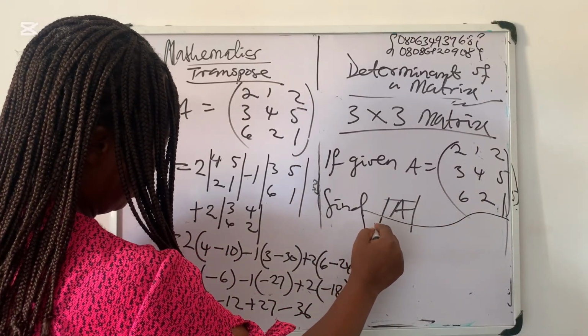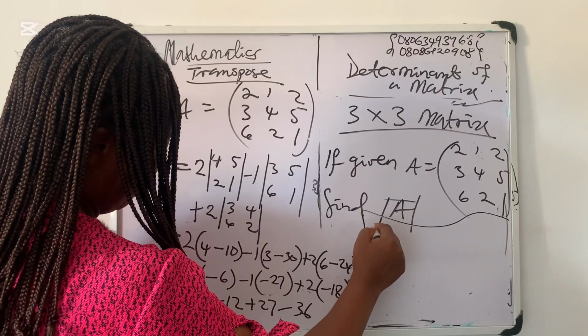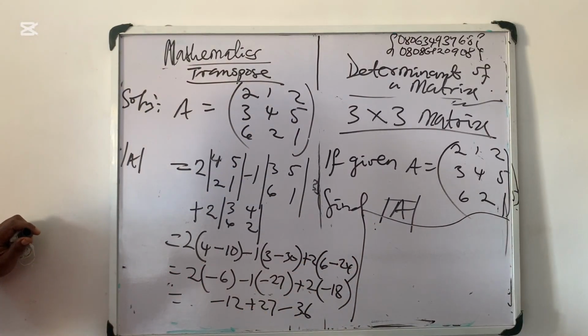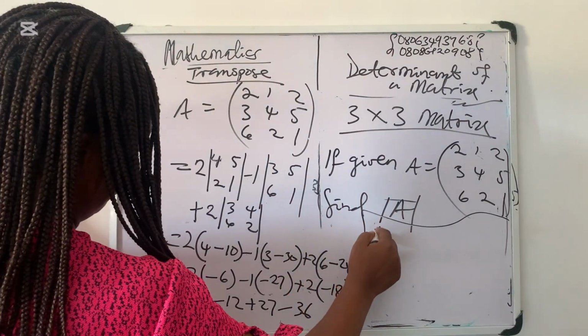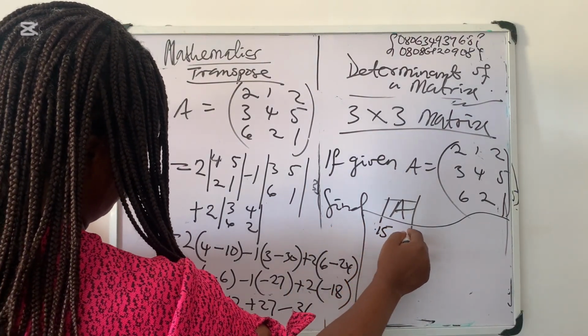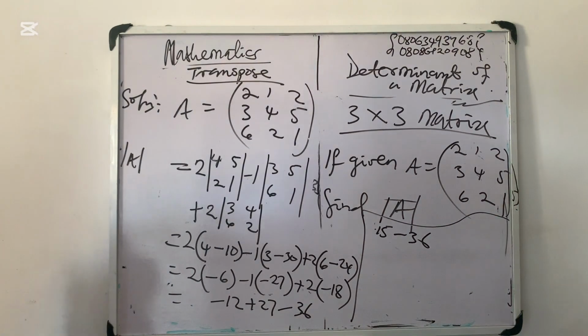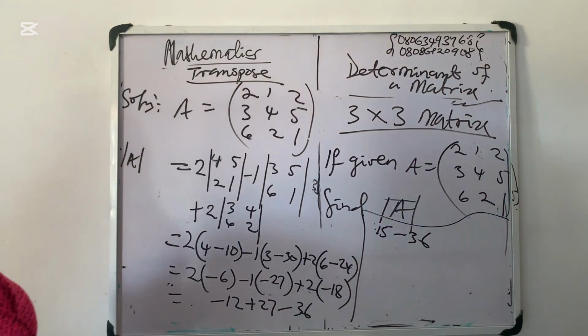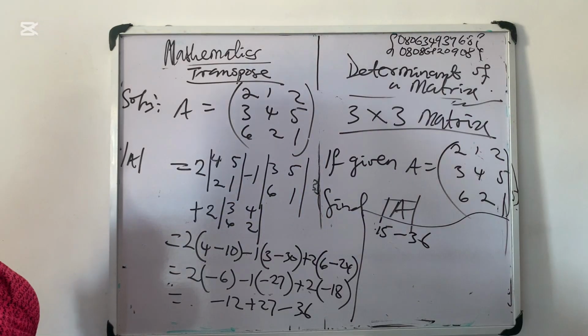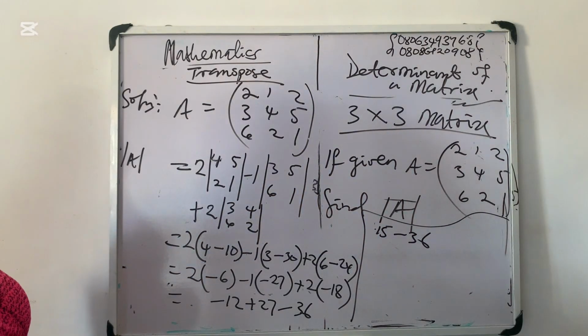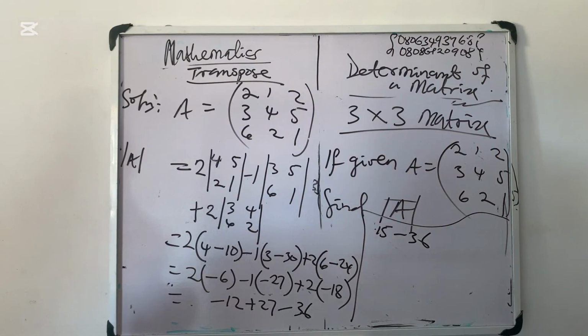Continuing here, you have minus 12 plus 27, which is plus 15, minus 36. Now, subtracting a bigger number from a smaller number will leave the answer in a negative form.